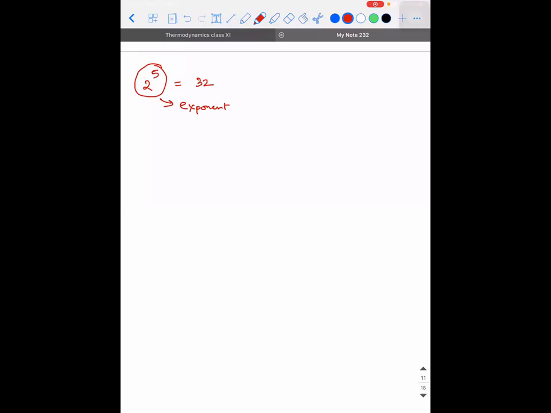Exponent is nothing but a number raised to the power some other number. Am I right? Now, if I have to speak about a mathematical operation called as logarithm, it is the reverse process of exponents. So the reverse process of exponents is what is called as logarithm. Clear?